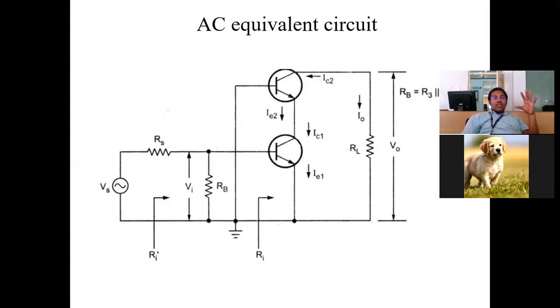Put heading AC equivalent. If I set a question paper, I will try to give a new circuit, because then your skills are tested when you are able to analyze a new circuit. Technique is same. You have to use the technique correctly.